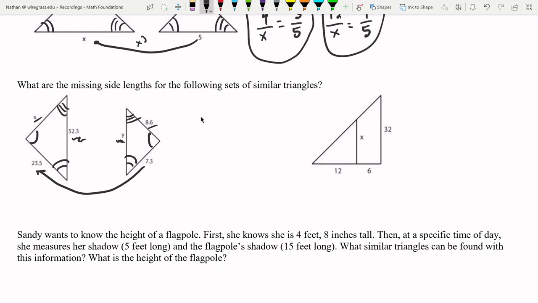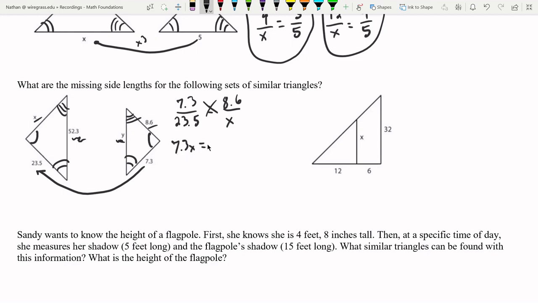So my first proportion I'm going to get is 7.3 goes to 23.5, and then 8.6 goes to x, right? 7.3 and 8.6 on the top, 23.5 and x on the bottom. I can solve this.